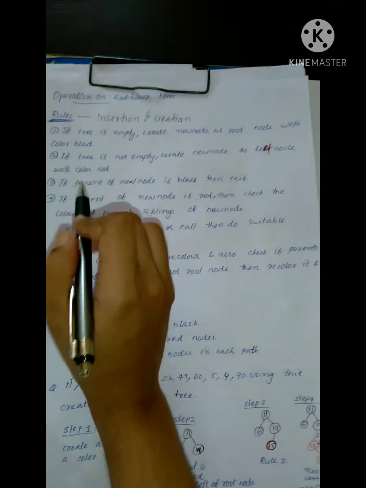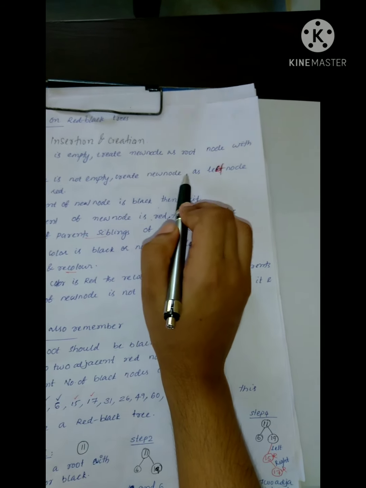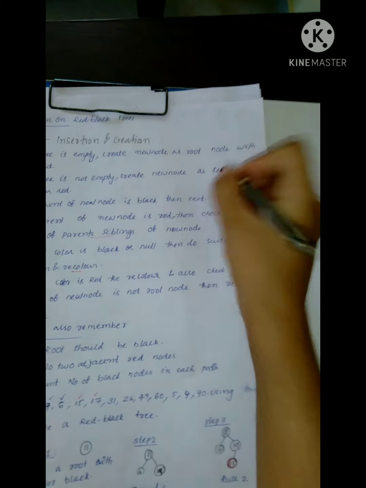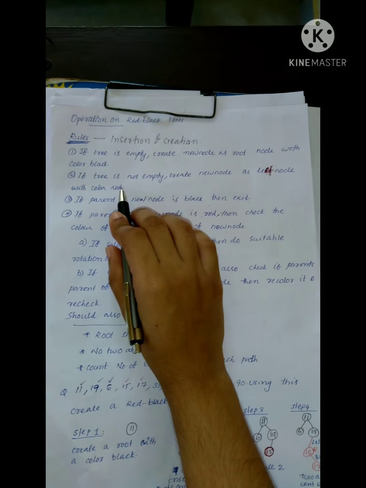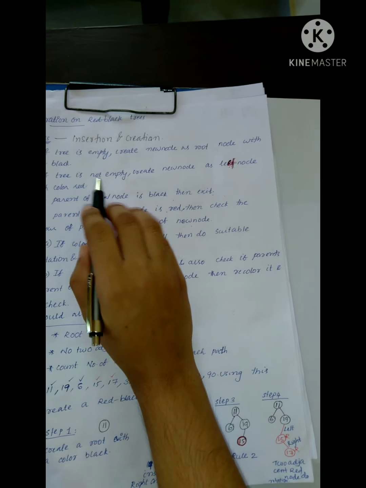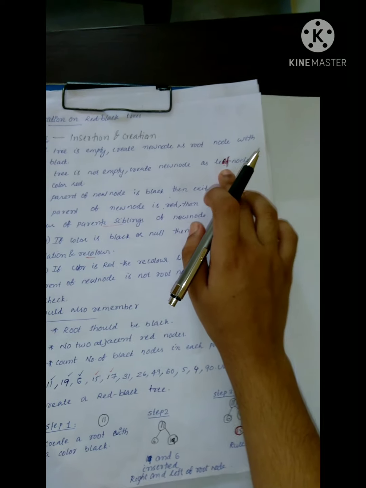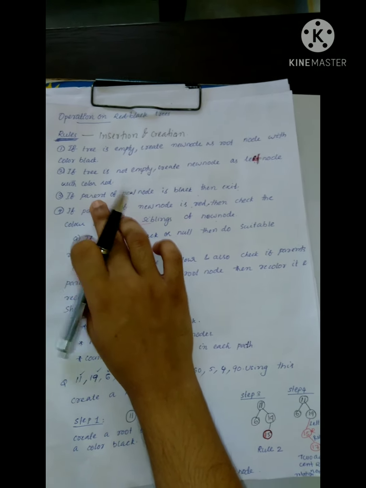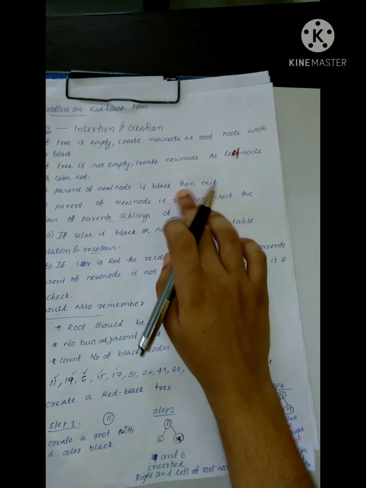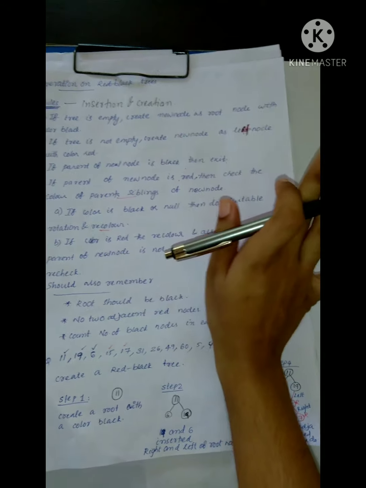Second rule: if the tree is not empty, create the new node as a leaf node with color red. Third rule: if the parent of the new node is black, then exit.